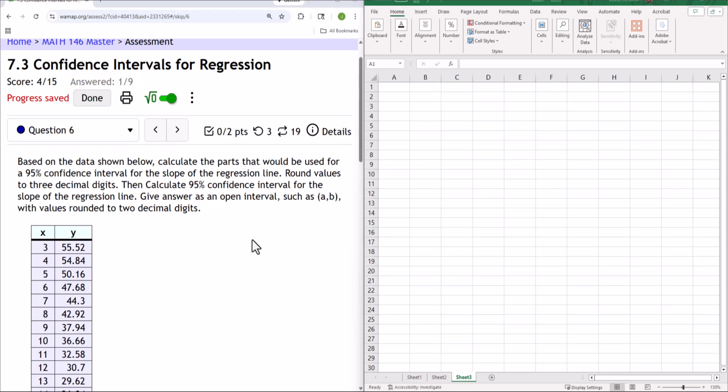All right, I wanted to run through another example of finding the confidence intervals for regression. On this one, it says, based on the data shown below, calculate the parts that would be used for a 95% confidence interval. So our confidence level is 95%, which means our alpha is 1 minus that, 0.05.